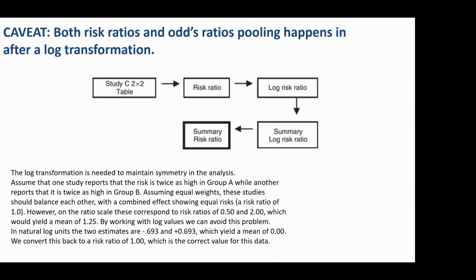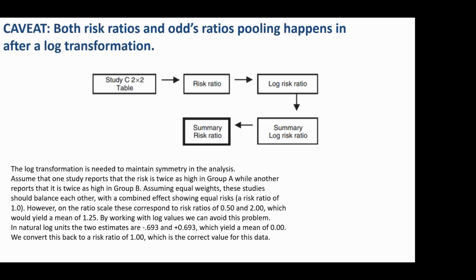Other formulas. This is a very important concept. The meta-analysis tool works with log scale. So after the software calculates the risk ratio, it will calculate the logarithm, do the pooled effect, and go back to the anti-log domain. This is because of this reason.